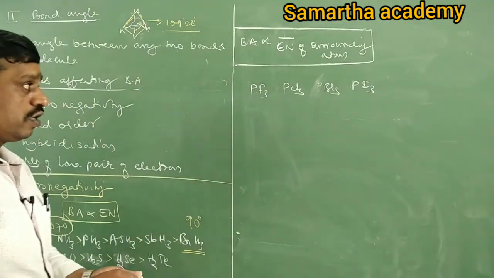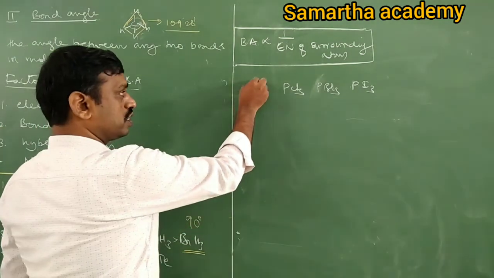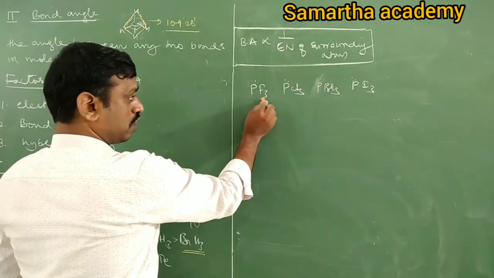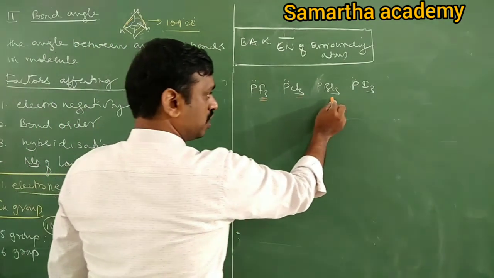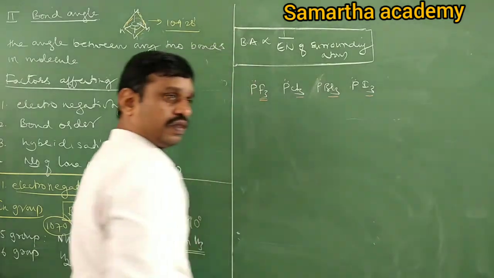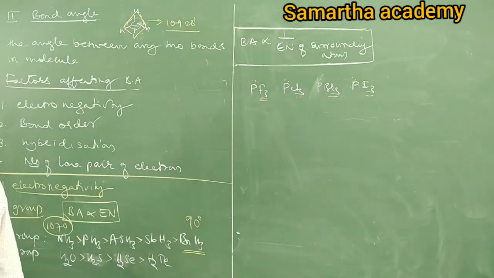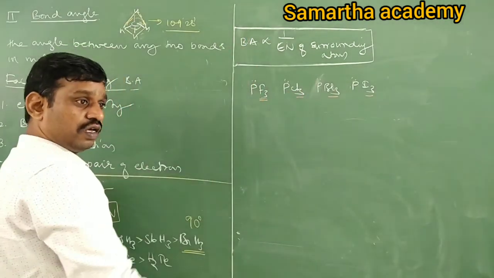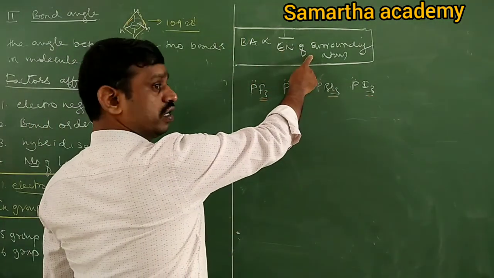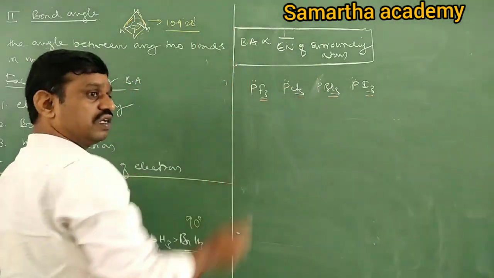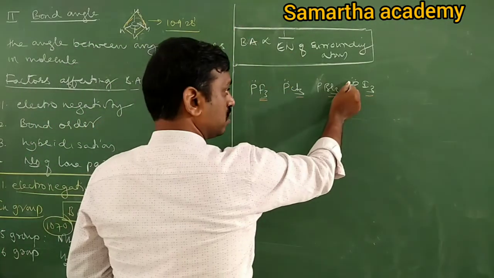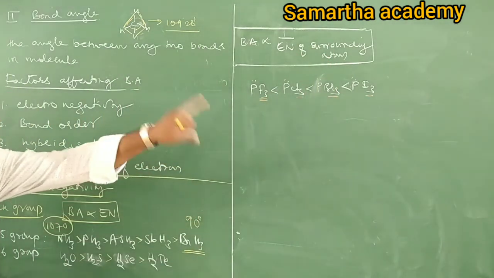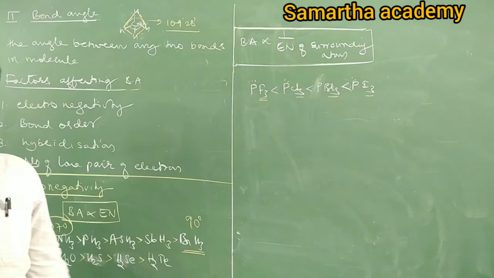Here the central atom is the same and lone pairs are the same. The difference is the surrounding atom: F, Cl, Br, I. So bond angle depends on surrounding atoms, not the central atom. If the surrounding atom's electronegativity is more, bond angle is less. Bond angle increases from fluorine to iodine. Iodine has less electronegativity, so more bond angle.